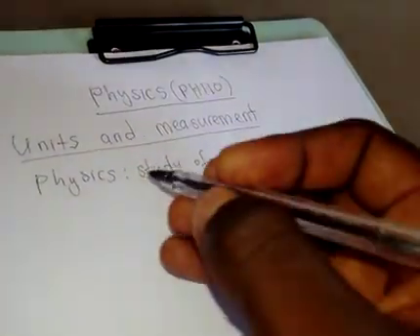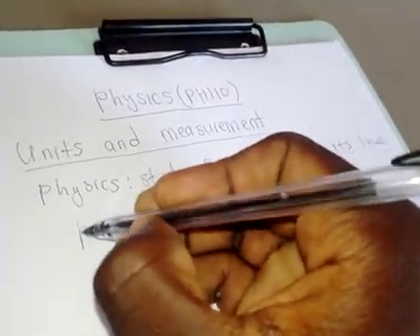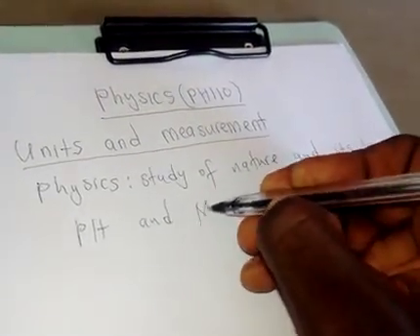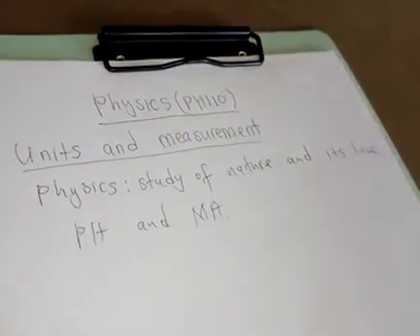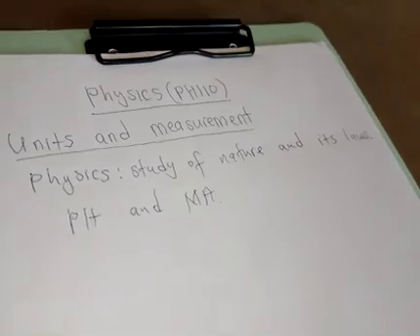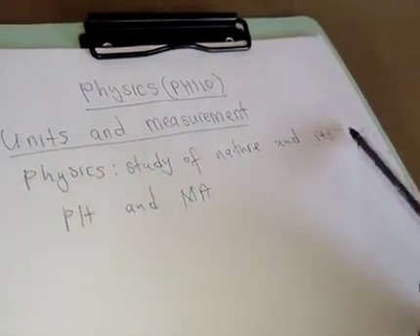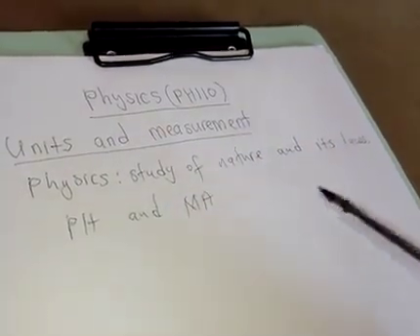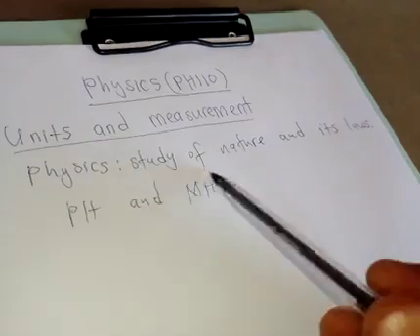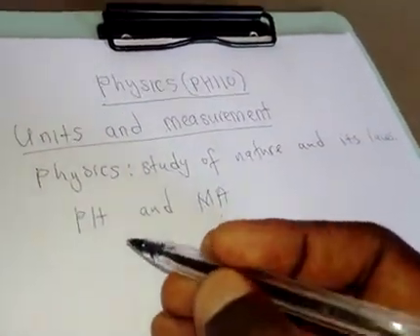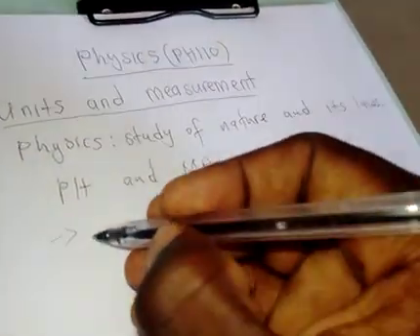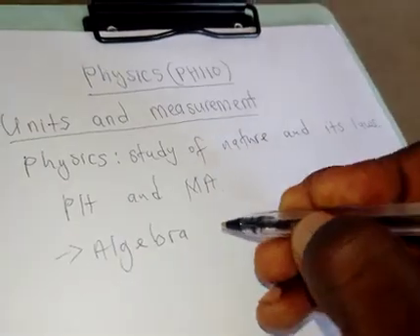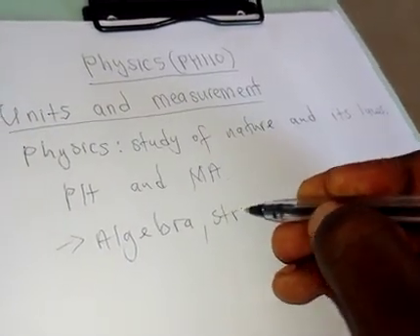From that, we must know how physics and mathematics are related. In physics, in order to be able to explain these laws of physics using equations, we must have some basic knowledge of mathematics. We must have some basic knowledge of what? Algebra. Other than that, trig.